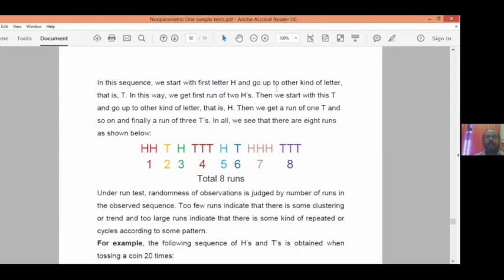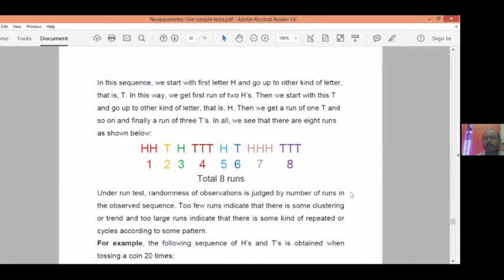Looking at it, we see that there are 8 runs in total.